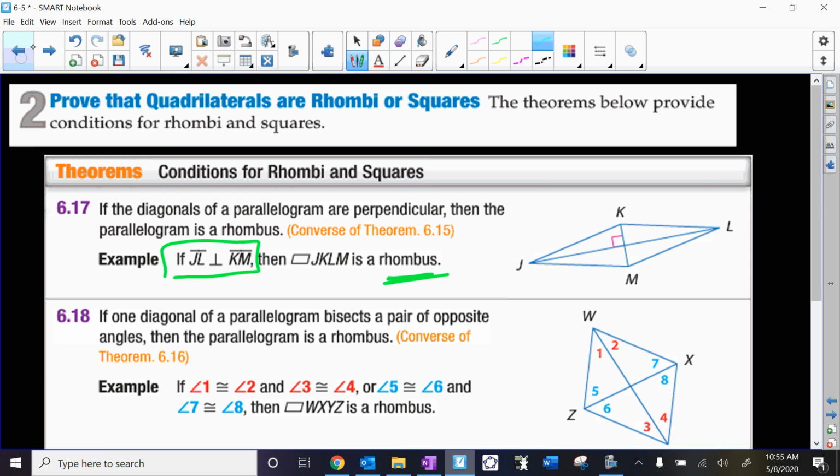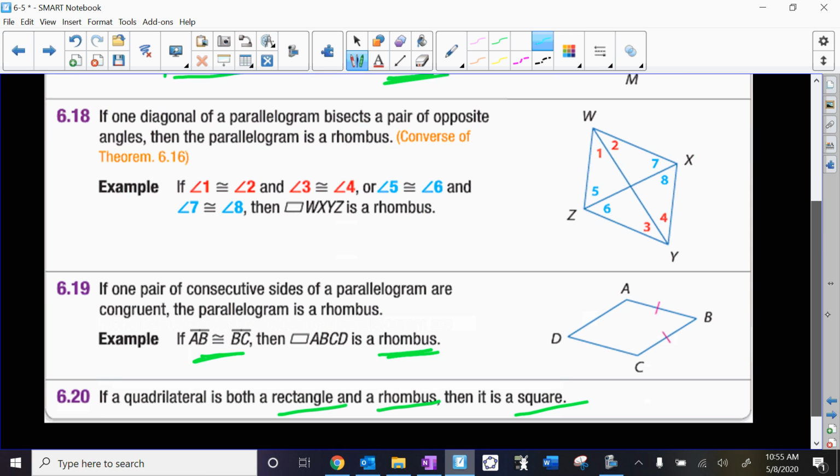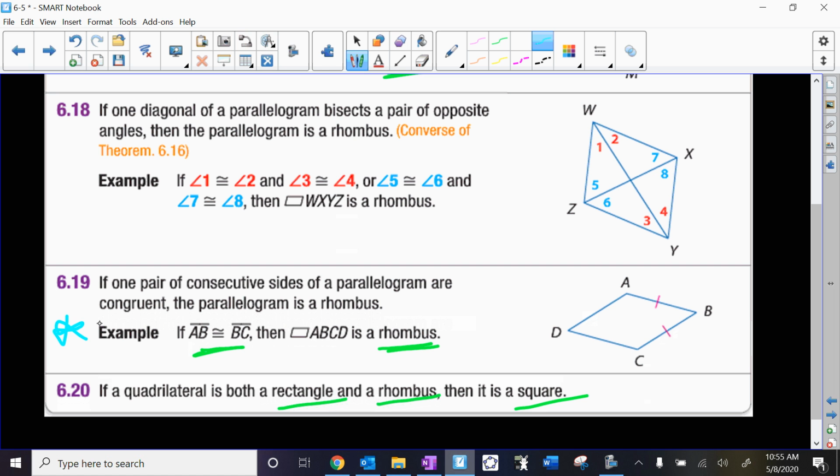That went right back to this property, 6.19. If I can show that I have a pair of consecutive sides being congruent, I therefore know it's a rhombus, which is what you just showed.